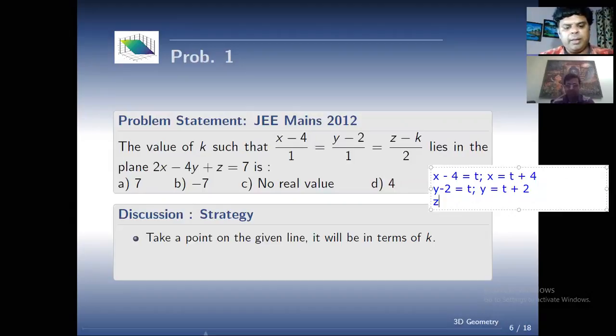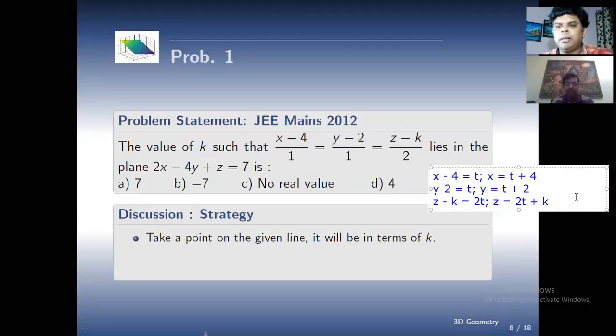And I have z minus k equals 2t, which means z equals 2t plus k. Are we okay with this? So x is of the form t plus 4, y is of the form t plus 2, z is of the form 2t plus k.